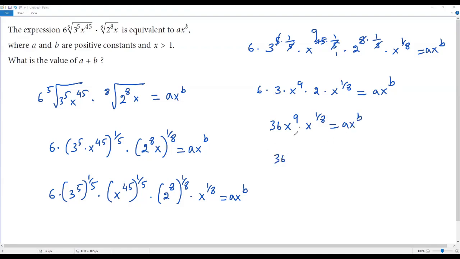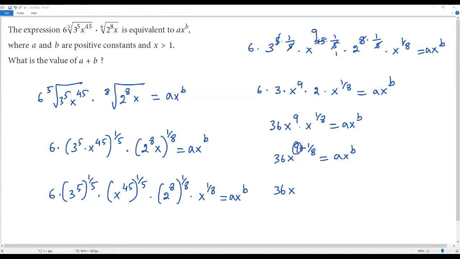Here we multiply two terms with the same base x. Whenever we multiply two terms with the same base, we keep the base and add the exponents, according to the product rule of exponents. So 36 times x to the power of, now we have to add the fraction 1 over 8 and the integer 9. Whenever I want to add an integer and a fraction, I multiply the integer by the denominator of the fraction, and then I can take 8 as a common denominator.